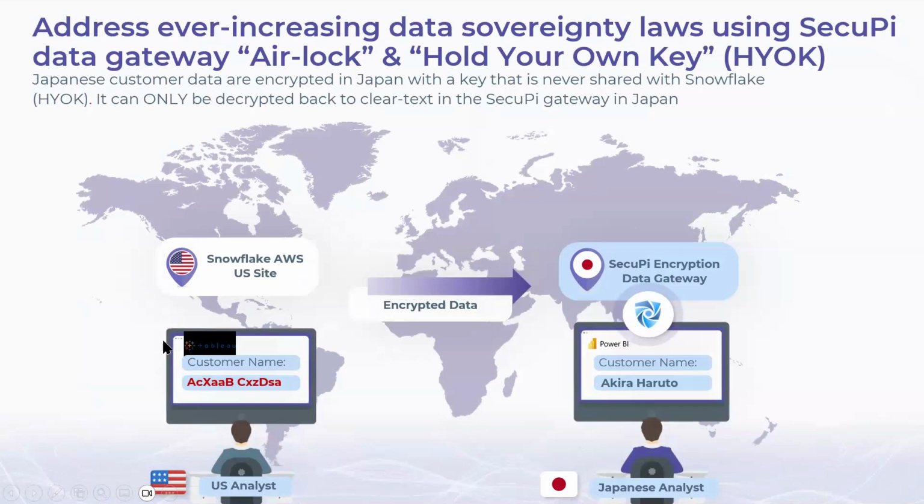Snowflake holds it, processes it, does everything with it. But when they decrypt it with their Tableau or Power BI or anything like that, they have a gateway that sits only in Japan. And only that gateway in Japan can decrypt the data for them. That's how they make sure that that sovereignty is being complied with. That's the idea here.